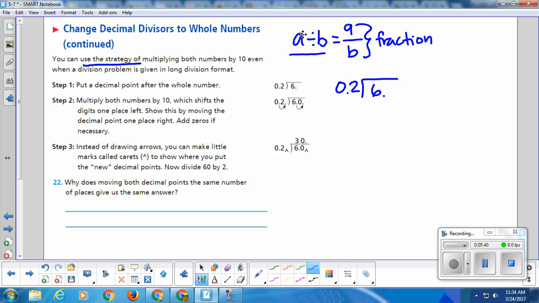So 2/10 by 10, 6 by 10, and you show this by moving the decimal point one place to the right, which means you're shifting the numbers to the left. If you move the decimal point to the right, which way are the numbers moving? To the left. So I can shift it, get rid of it, shift it, add a 0, put the decimal point in the answer. Now this problem becomes 60 divided by 2. So that's kind of the shortcut version of how to get rid of your decimals.